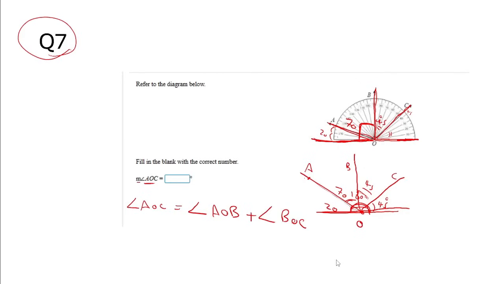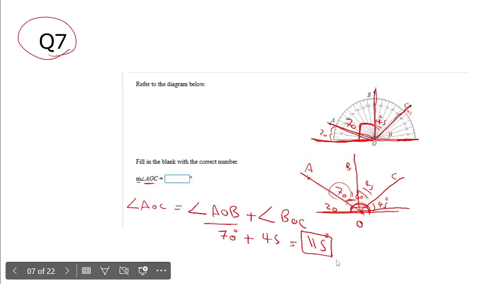So angle AOC is AOB plus BOC, right? Okay, AOB we already got as 70 degrees, plus BOC is 45. So the answer will be 115 degrees. So the answer here is 115 degrees.